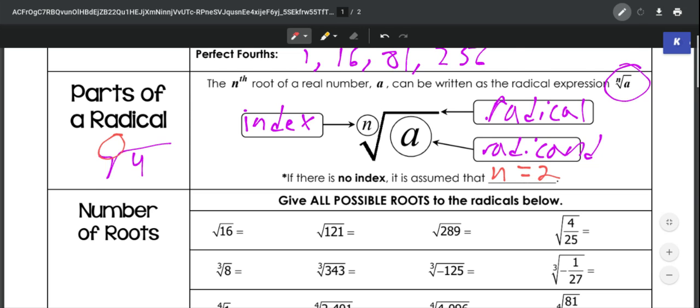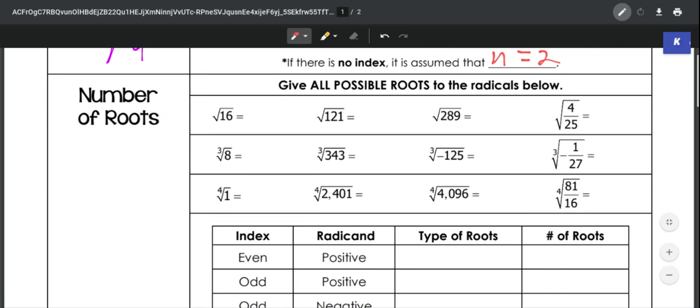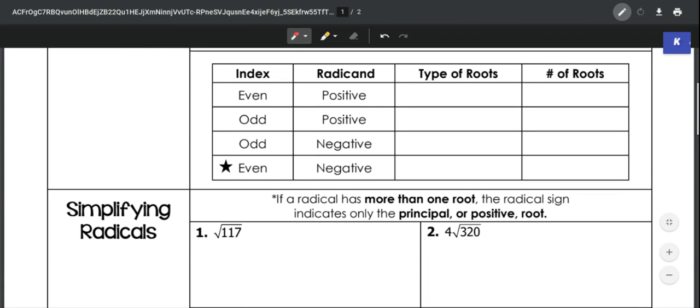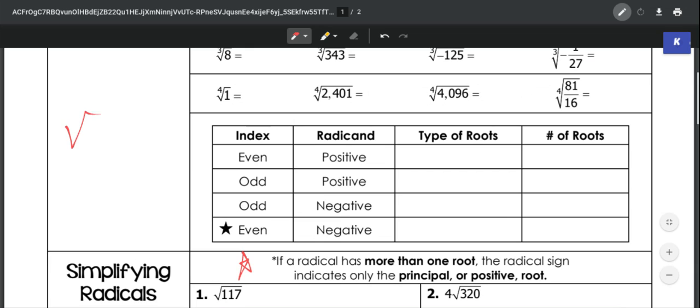So now we're going to look at the actual number of roots that we can have. And just keep in mind that most of the time when we simplify them, we only care about the positive root. That's why most of the time you'll say the square root of 4 is 2.